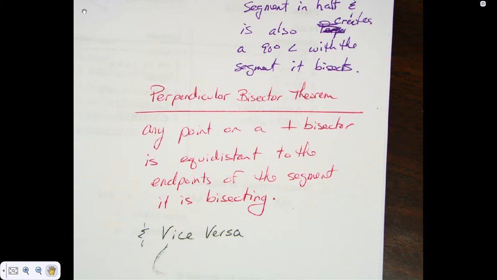What does it also tell you? What's underneath the perpendicular bisector theorem?